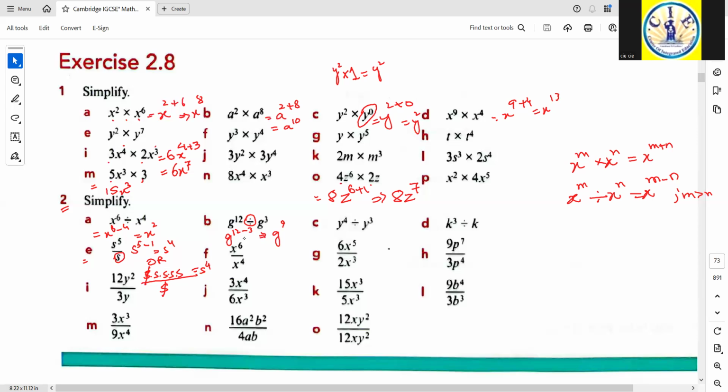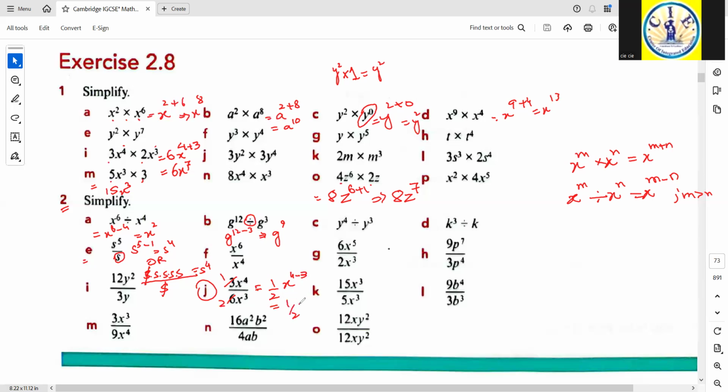Okay, now it is part J. 3 ones are 3, 3 twos are 6. That means 1 by 2 x raised to power 4 minus 3.